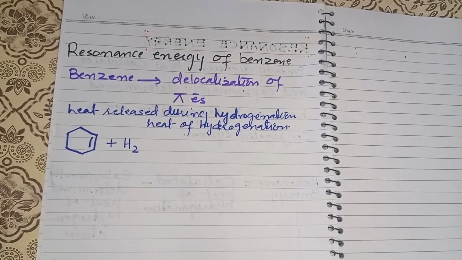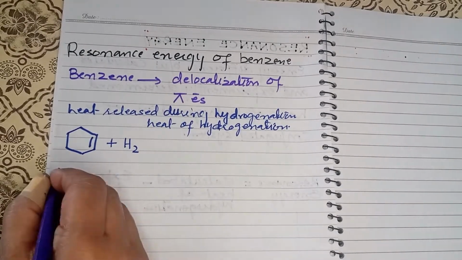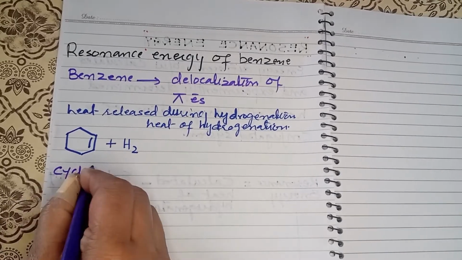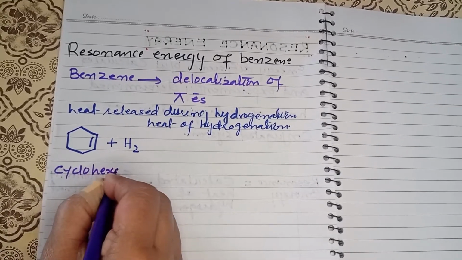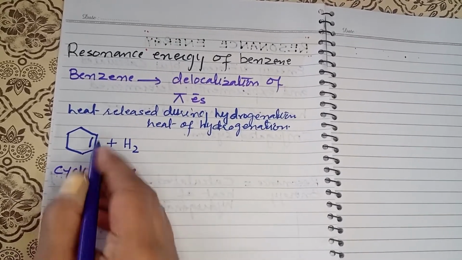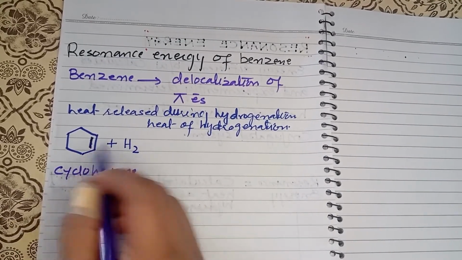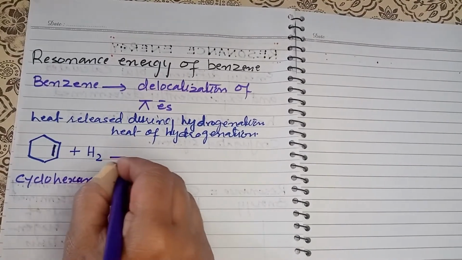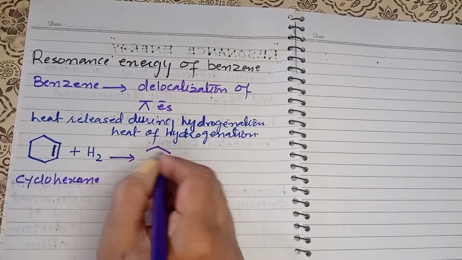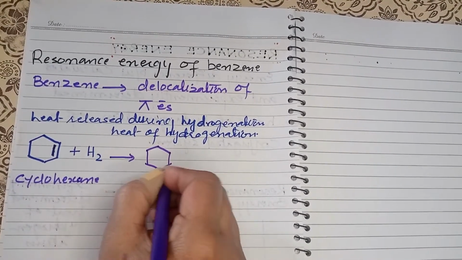So we have a molecule, cyclohexene, here. Since there is one pi bond inside the molecule, we need 1 mole of hydrogen to hydrogenate it. If we do the hydrogenation, cyclohexene changes to cyclohexane.